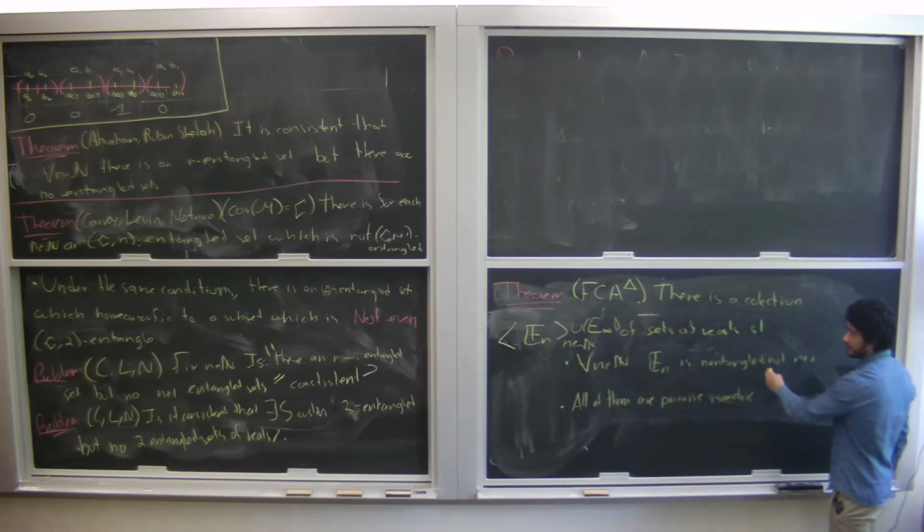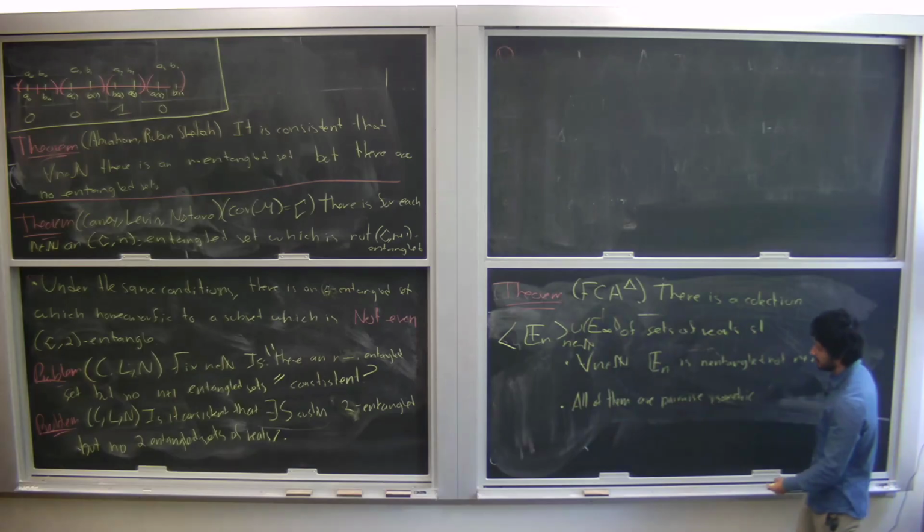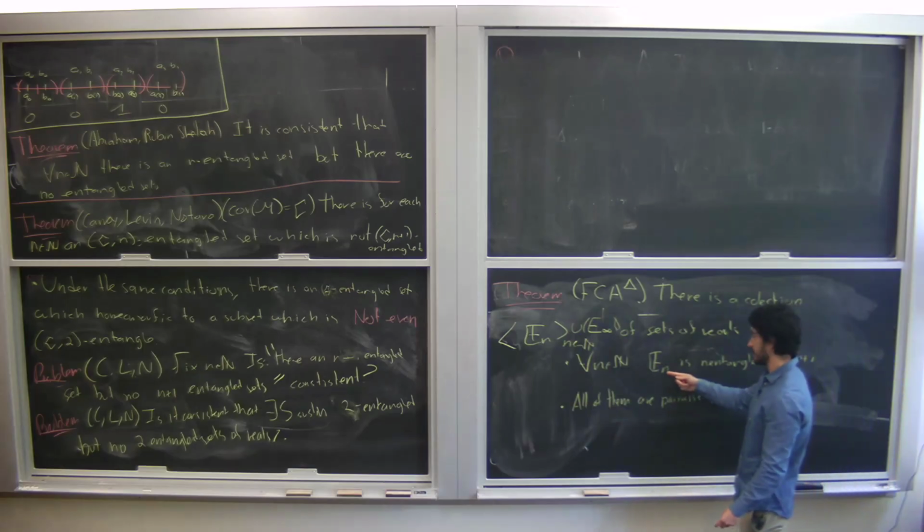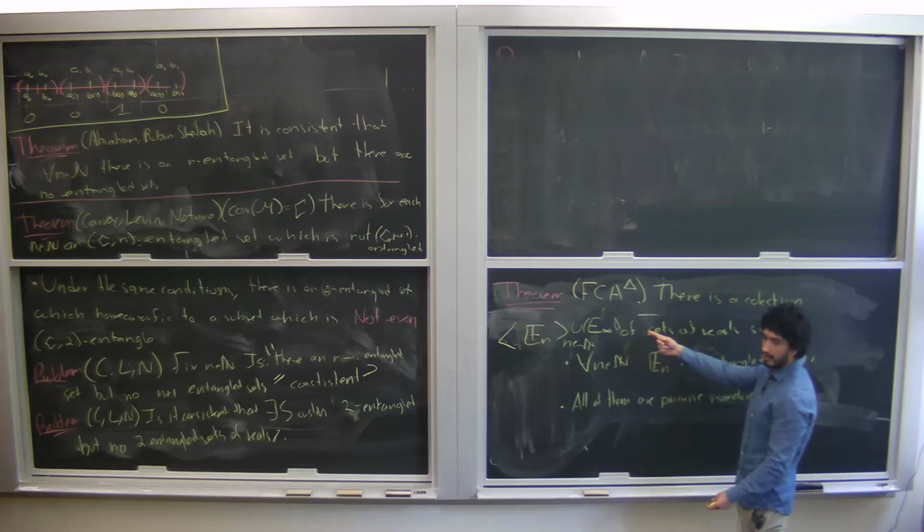So yes, this proof, I believe, is a good proof because the idea is that with this axiom, basically all you need to do is to make your construction in order to guarantee that the set E_n is entangled, and the construction scheme will make your set not n plus one entangled.